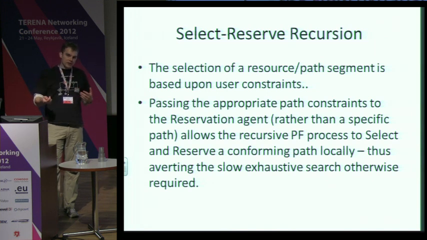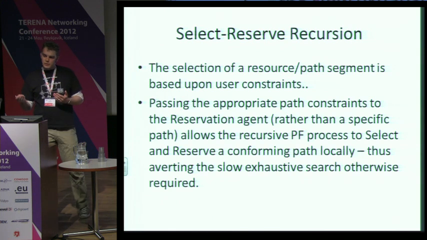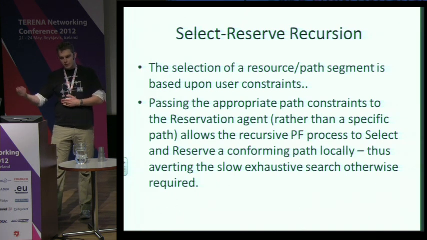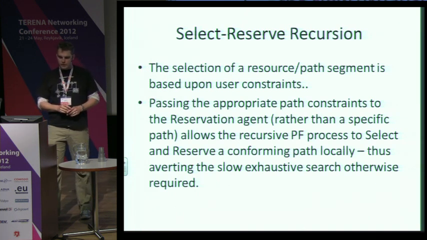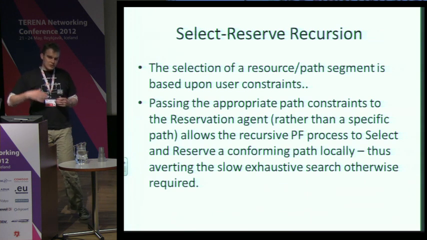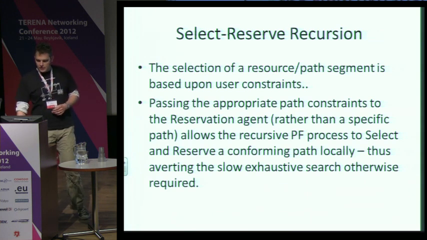How much of the constraints can be expressed by the user and how they can be managed by the pathfinding agents also depends on how much can be represented in the topology itself. So how much detail is provided in the topology gives users the ability to make more detailed requests. The details, of course, need to be passed on through each of the agents involved in the whole path planning process.